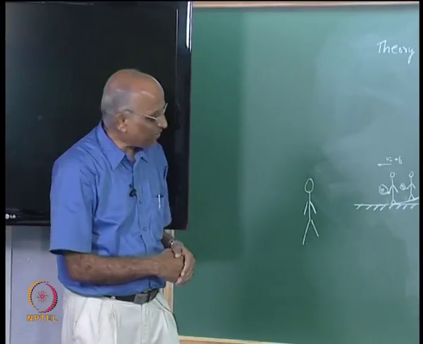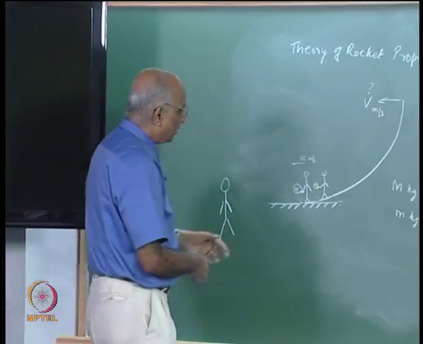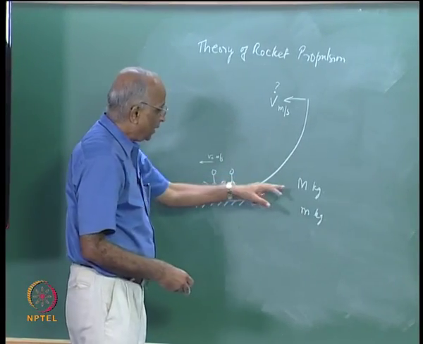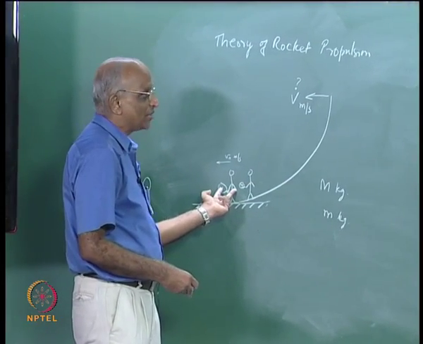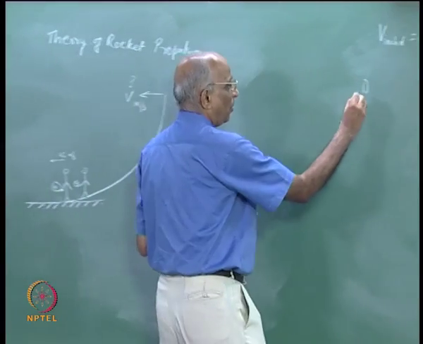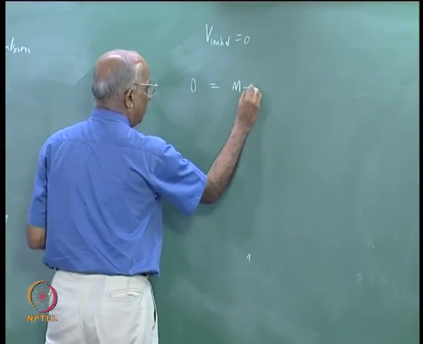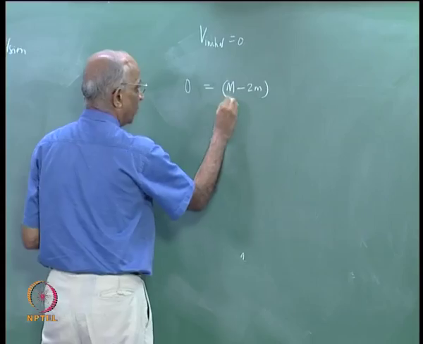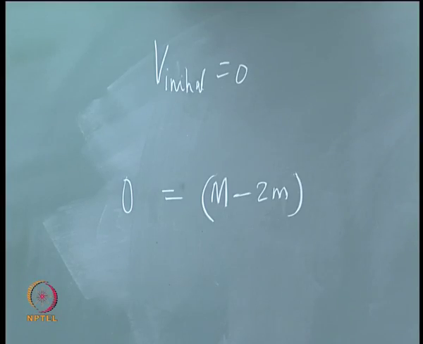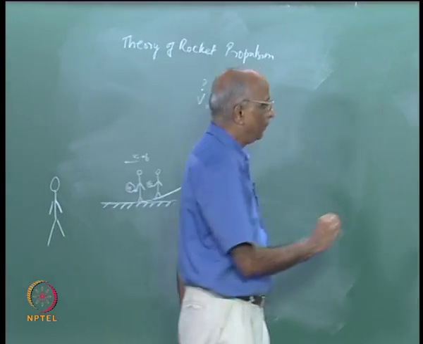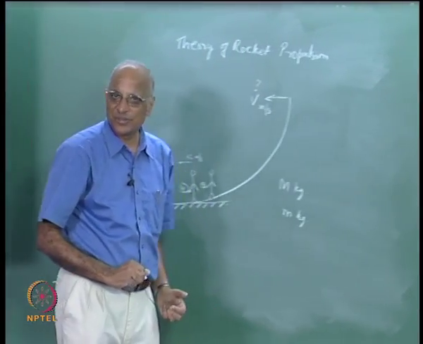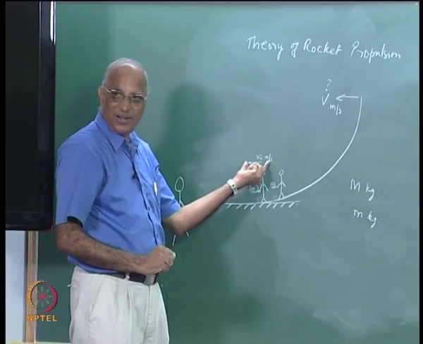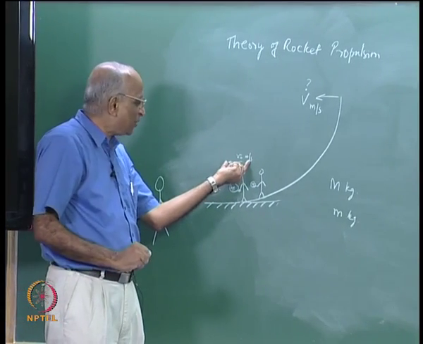Let us calculate it. Now the final mass of the sled is M, as 2m of the mass of the stones has left. Therefore the final mass of the sled is equal to M minus 2m. Let us assume the sled has a velocity capital V. Anything else? The stones are leaving the sled. Now what is the velocity of the stone?